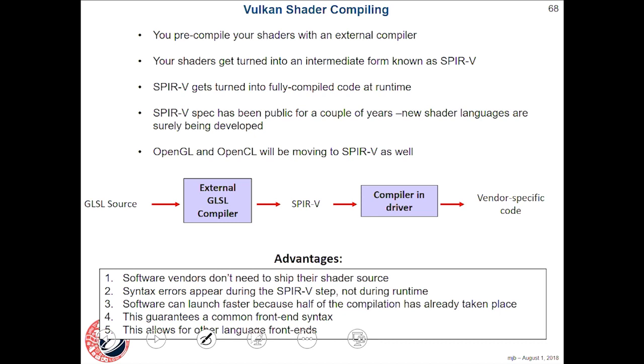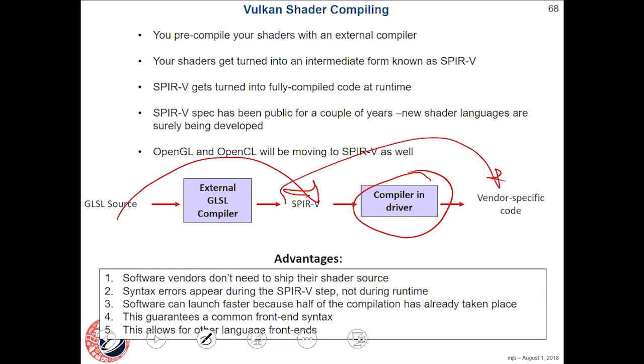We saw this diagram before in the intro. Here's the idea. You get an external GLSL compiler that's part of the SDK. You compile your GLSL code. It produces this intermediate format called SPIR-V. When you run your Vulkan code, the rest of the compiler is in the driver, and you get vendor-specific code that now is your shader you're going to run.